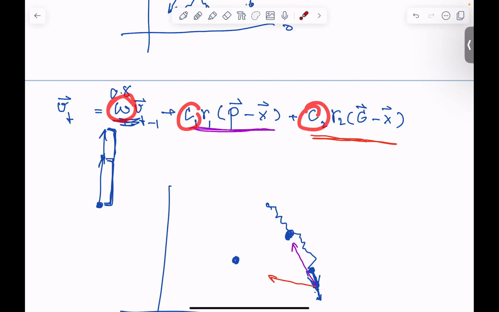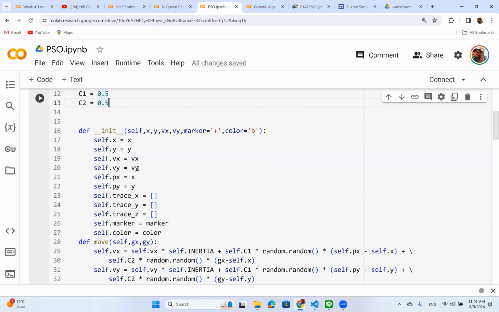Okay, and then this one is the constructor. So our constructor is super simple. Just store everything in x, y. This is the position vector, and vx, vy, the v vector, and px, py, the local best vector.